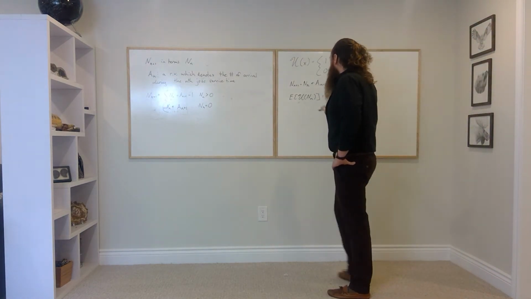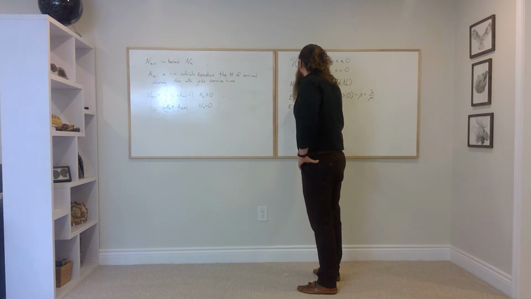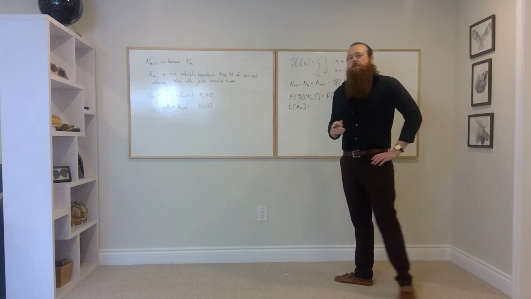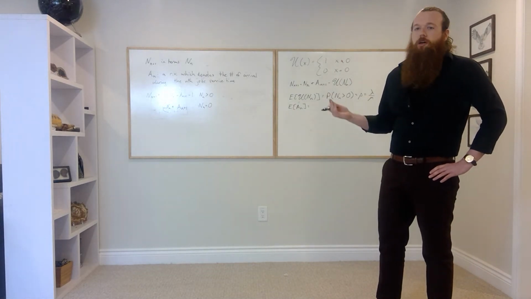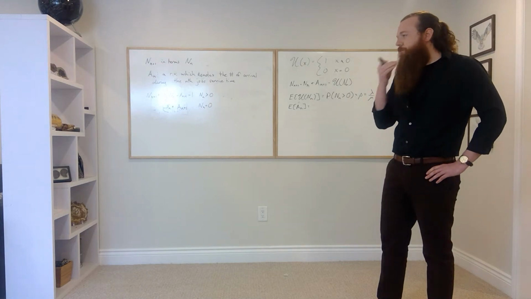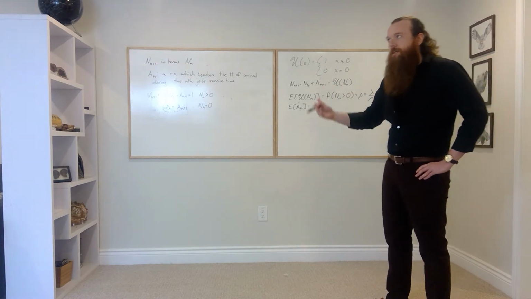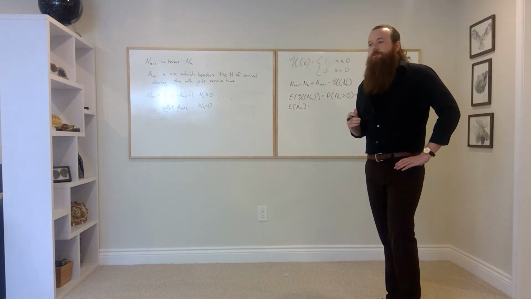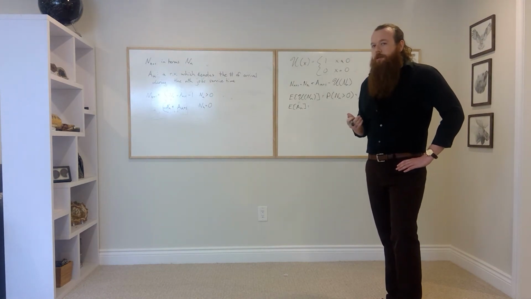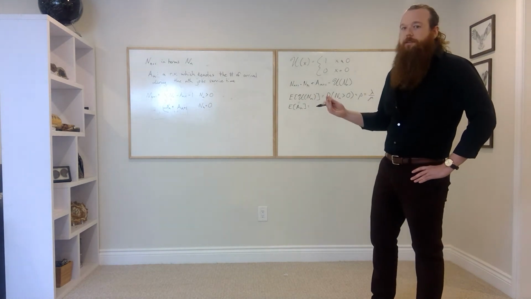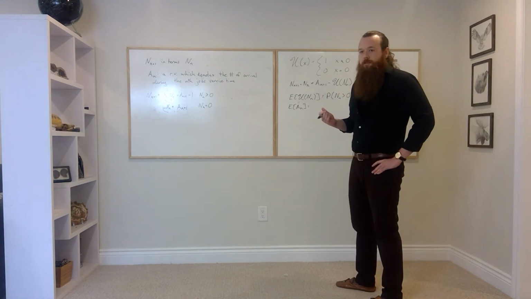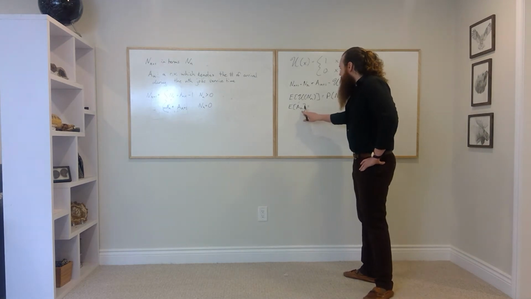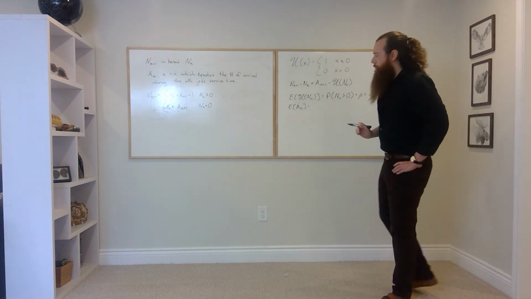What about the expected value of a subscript n? So what's the expected number of jobs to arrive during the nth job's processing time? Well, I don't really know anything about if it's the 10th job's processing time or 11th job, and really its service time is completely independent of whether it's the 10th job, 100th job, first job, etc. So it's not going to be dependent on that, but we'll leave the subscript there for now.